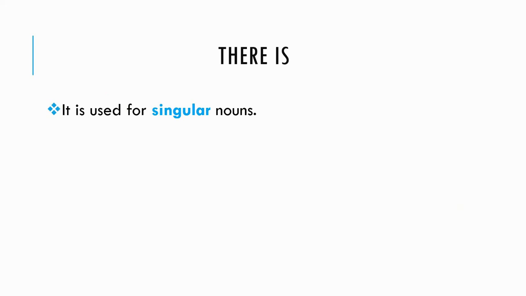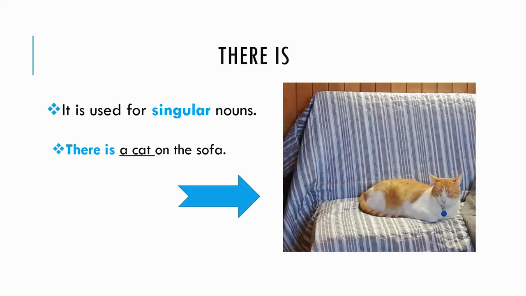There is is used for singular nouns. For example, there is a cat on the sofa, right? 1. Remember, it's like hay in Spanish. Hay un gato en el sofá.